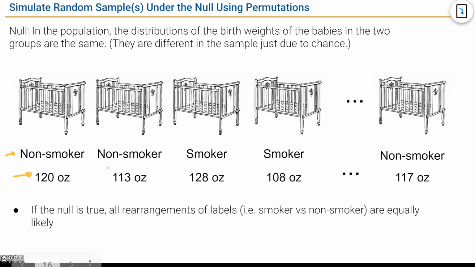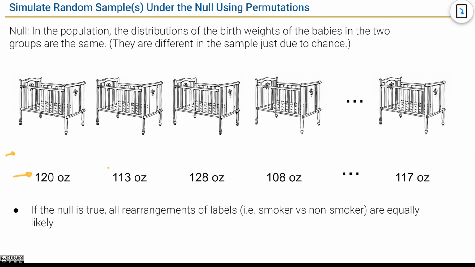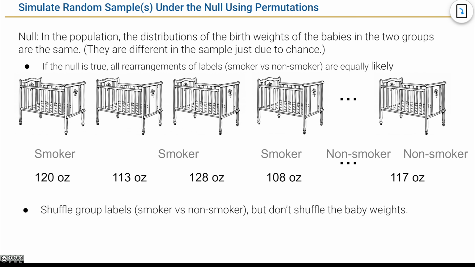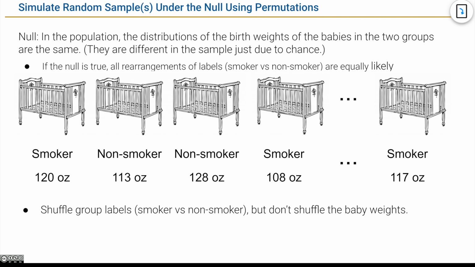We could take the weight, keep the weights the same, and just rearrange the labels. So do a permutation of whether the mother was a smoker or not. So in other words, I'm shuffling the group labels, keeping the baby weights the same.